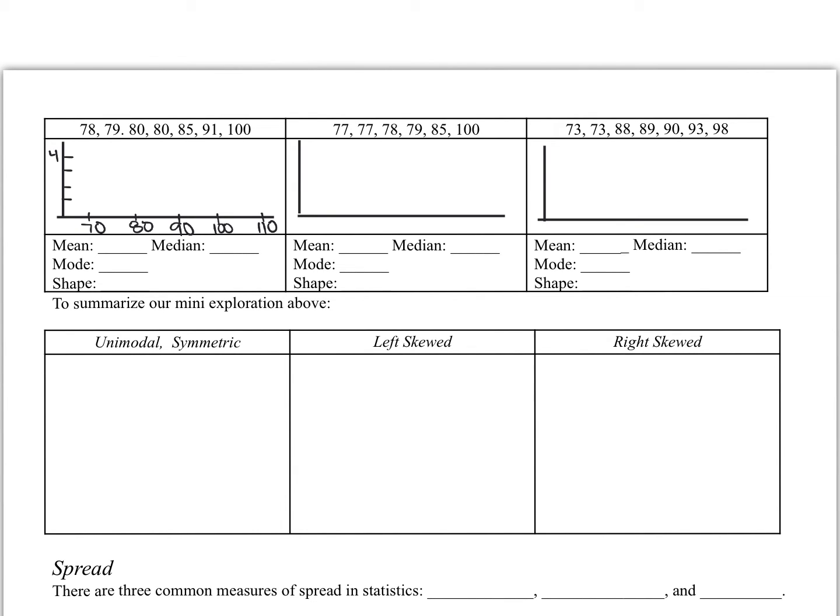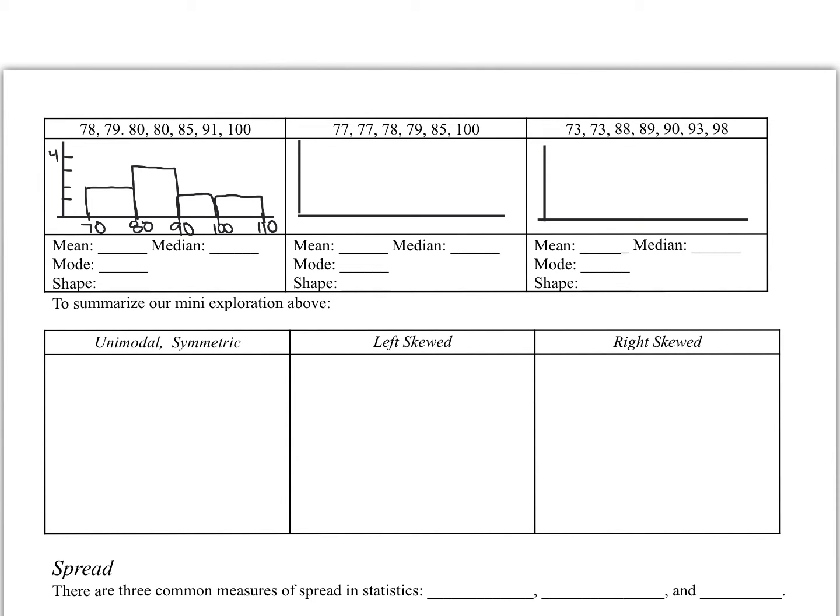So between 70 and 79, there are 2 pieces of data. Between 80 and 89, there are 3 pieces of data. Between 90 and 99, there is 1 piece of data. And between 100 and 110, there is 1 piece of data.